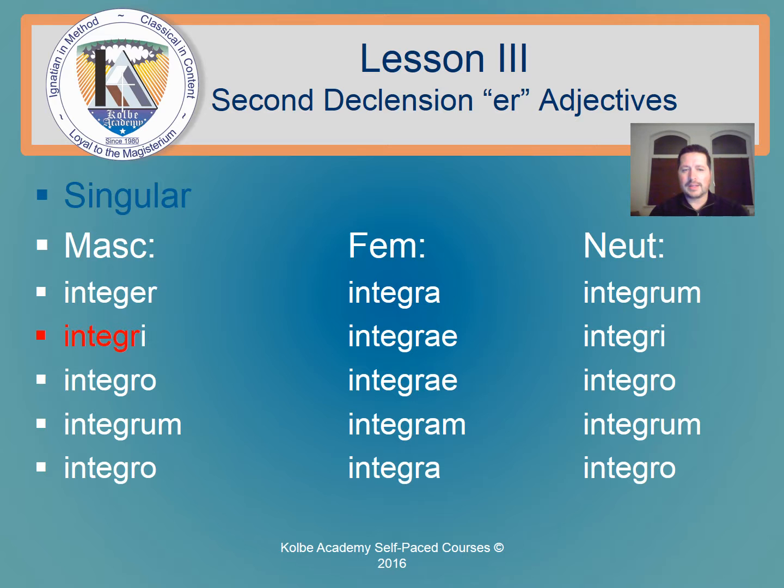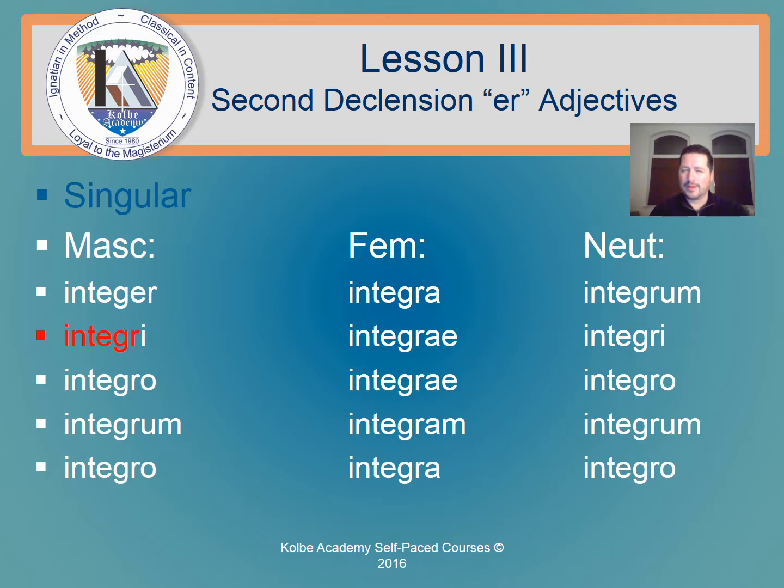So you'll see integer, integra, integrum, and you'll have to notice that the e drops out, it contracts, and then you'll know that the stem is integr. It's with the GR and not a vowel there.